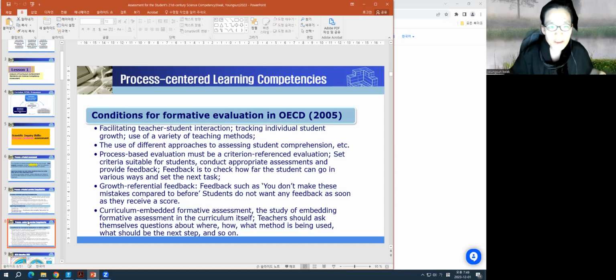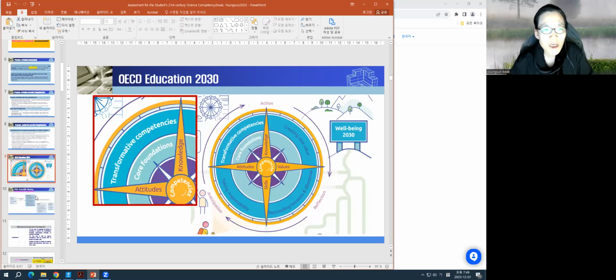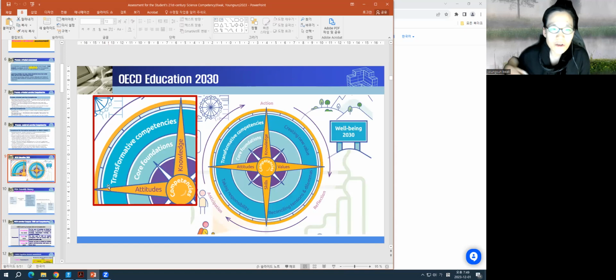So whenever we talk about competency assessment, or how to assess students' science competency, we are talking about students' inquiry competencies. These days, all educational curriculum or global level curriculum is talking about OECD Education 2030.